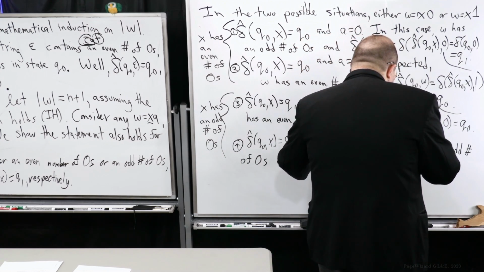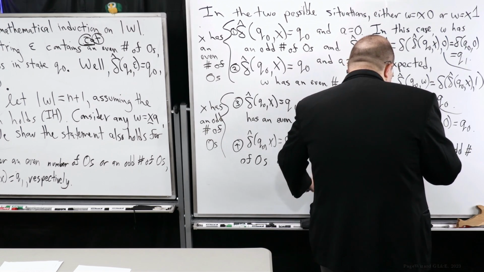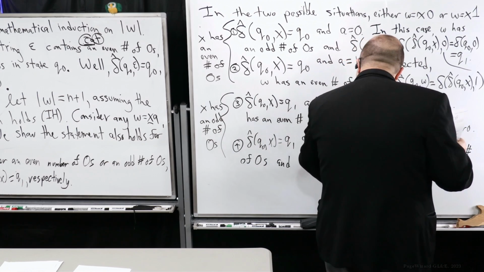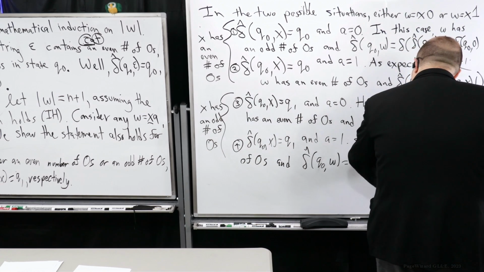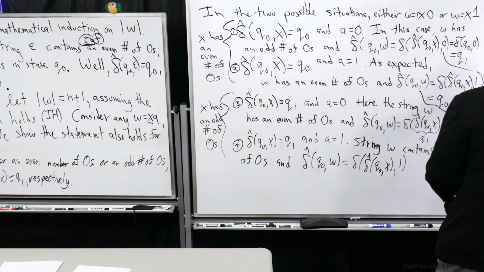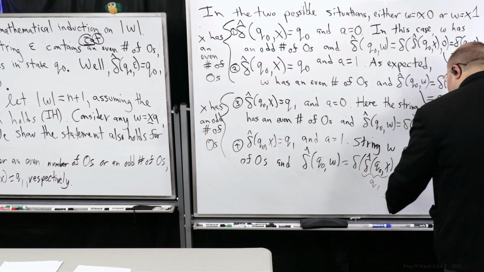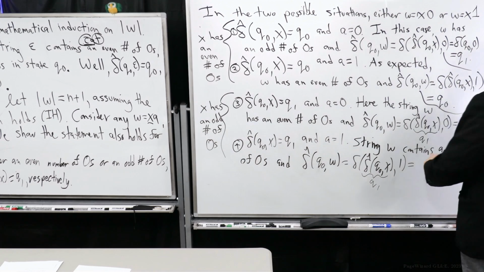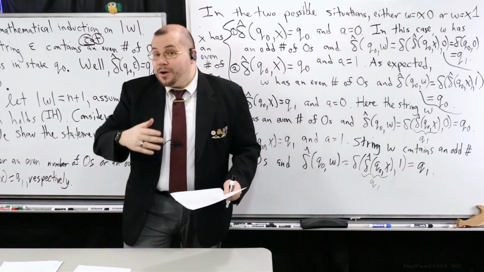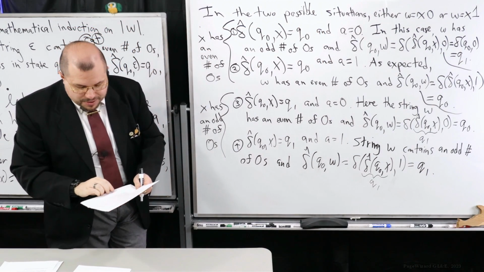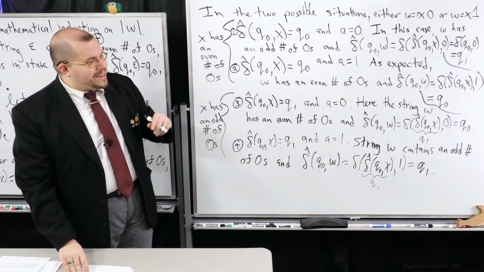Delta hat of Q0W is equal to delta of delta hat of Q0X, and upon reading a 1, right? This is going to be just Q1. When I read a 1 and I'm in Q1, I stay in Q1, and that's exactly what you'd expect to happen. And now we've considered all 4 possibilities that can happen. Thus, we've completed the induction step.